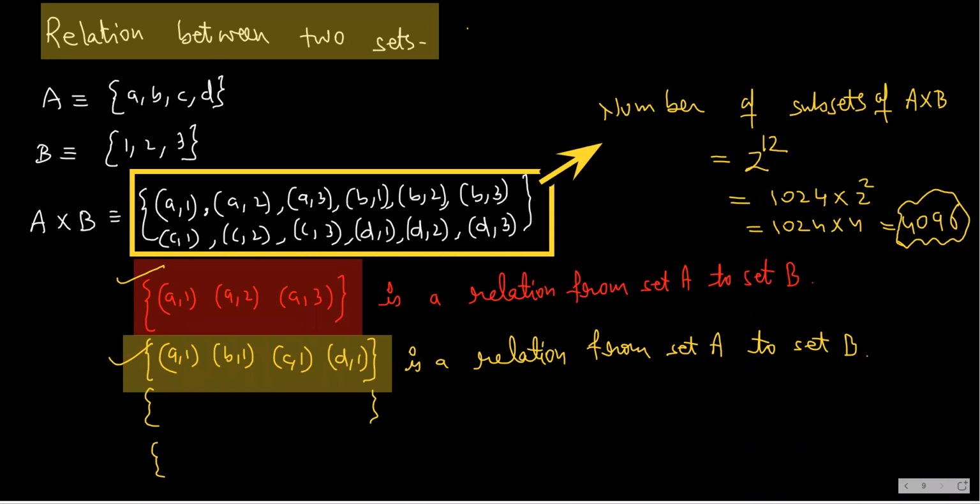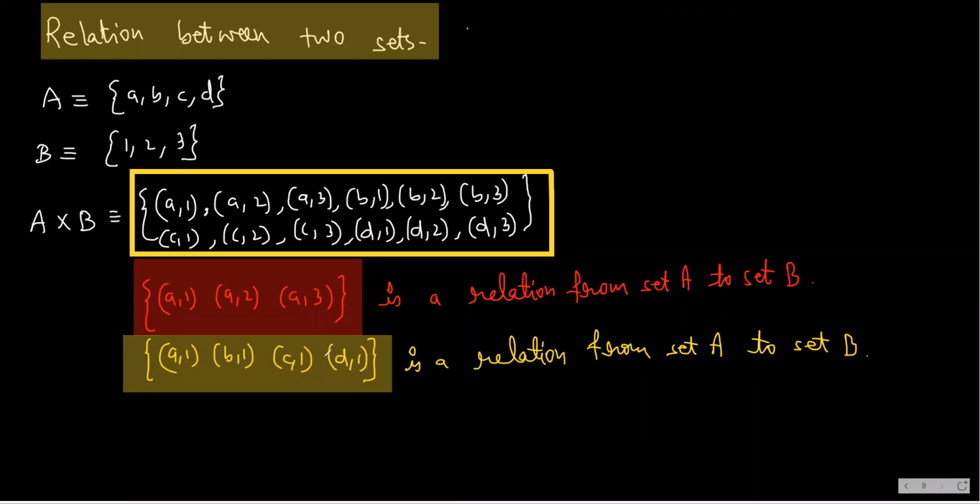And remember, if those are subsets of A cross B, they are relations from set A to set B. This is the definition of relations between two sets. So I can have many relations from set A to set B. This is one relation, I will call it R1.